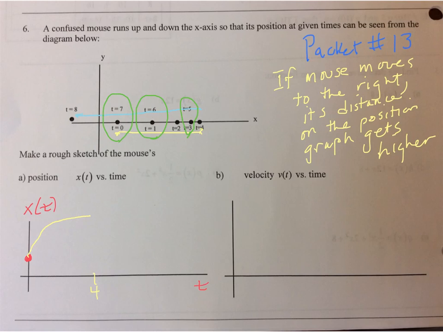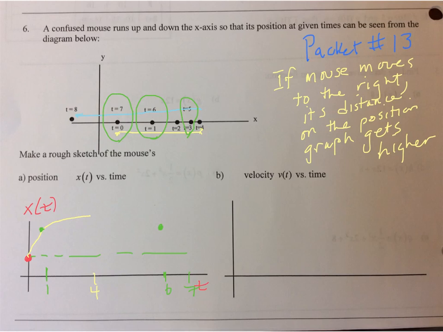So how do we show that? Well, if this is t equals 1, then at 7 it has to be at the same height. If we say this is t equals 1 and it's this high, then at t equals 6 it should be at the same height.